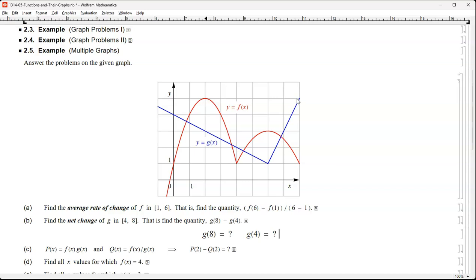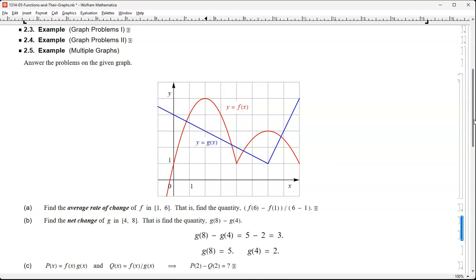What's the y-coordinate? 2, 3, 4, 5. Did I do this right? How about g of 4? 1, 2, 3, 4. Alright, and vertically, that y-coordinate is 2. So the net change, g of 8 minus g of 4, will be 5 minus 2, that's going to be 3.